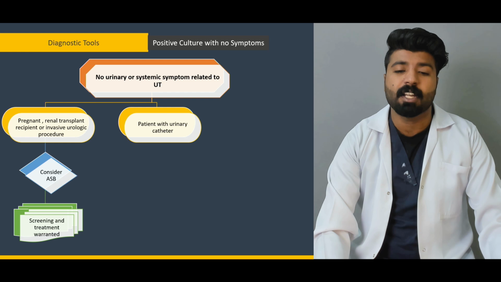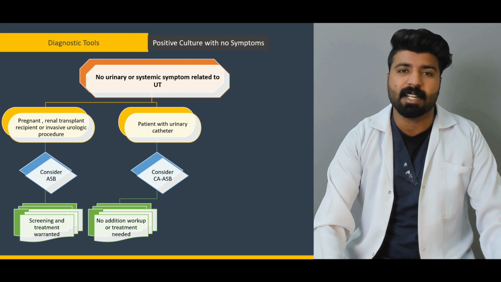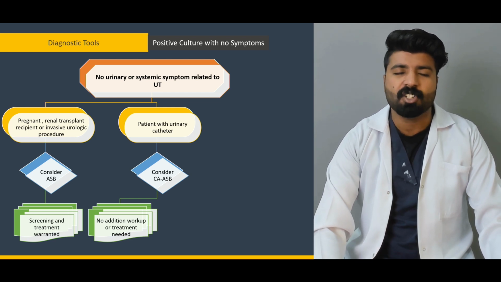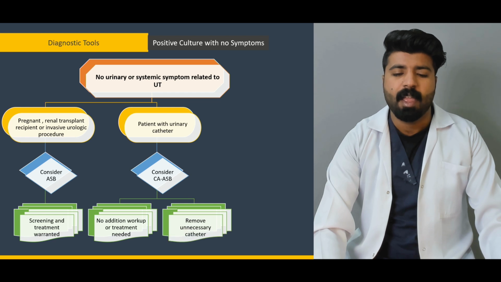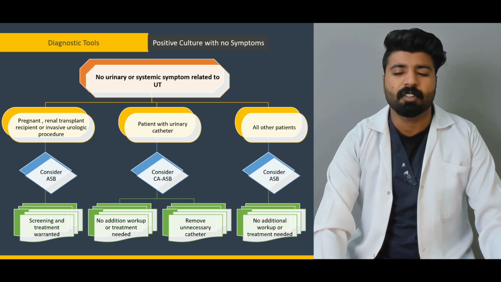What if the patient has a urinary catheter? You will consider CAASB and you will remove or change that catheter, and no additional workup or treatment is required. Remove that unnecessary catheter, as we just talked about. For all the other patients, consider asymptomatic bacteriuria, and no additional workup or treatment is required even in these cases.